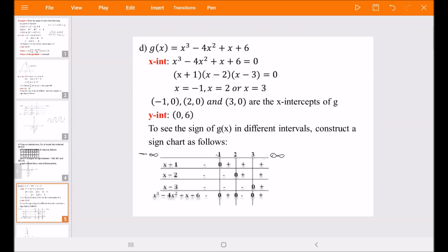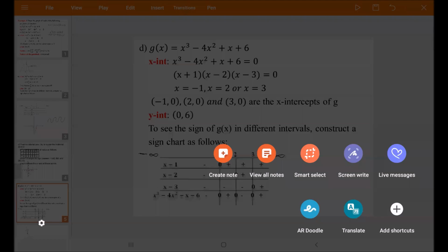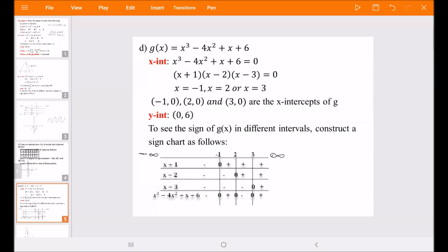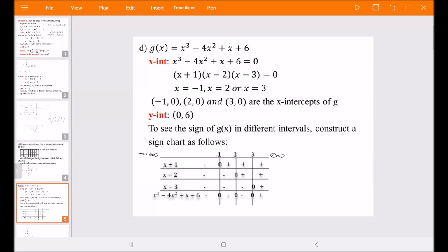And finally, for values greater than 3, positive times positive is positive. So for x greater than 3, this polynomial g of x, its graph stays above the x-axis.